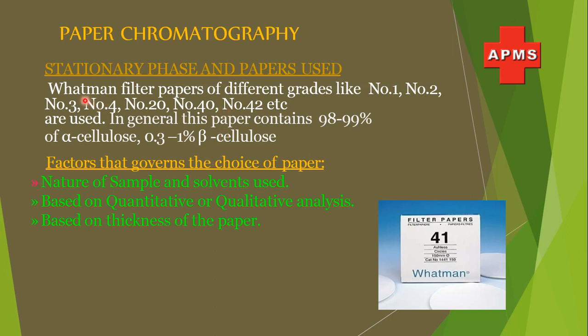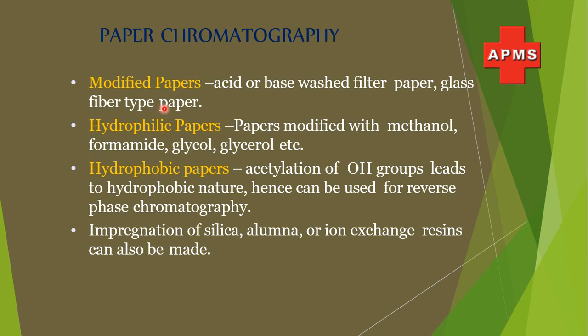First we have seen these simple Whatman papers, but these types of filter papers could be functionalized or could be immobilized with some other materials. So these types of filter papers could be used or could be specified for a specific experiment.